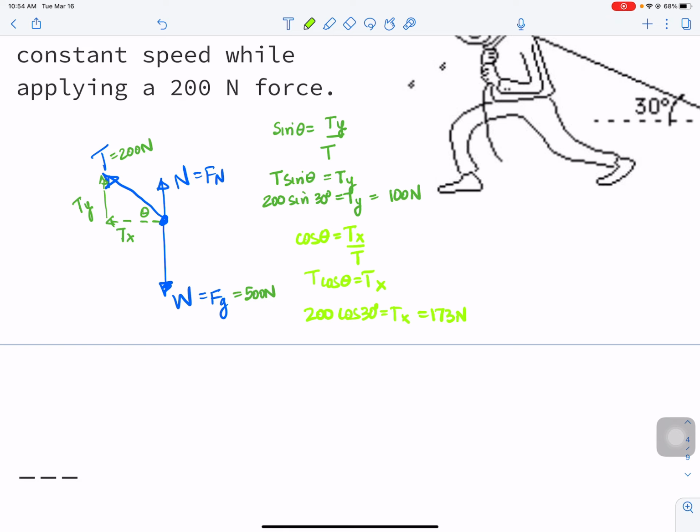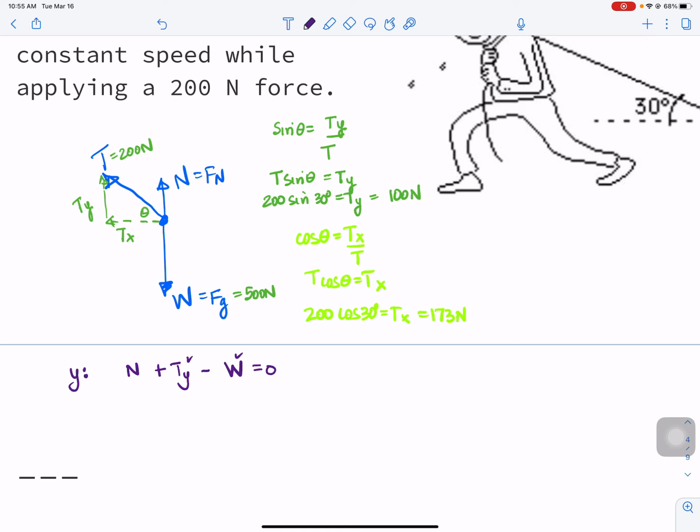Now we do our net force equations. If we look in the y direction, we'll consider up as positive, down as negative. I know that I have the normal force plus Ty, and then minus the weight, and this is going to equal 0. I have a value for Ty, I have a value for W, so I just need to solve for the normal force.